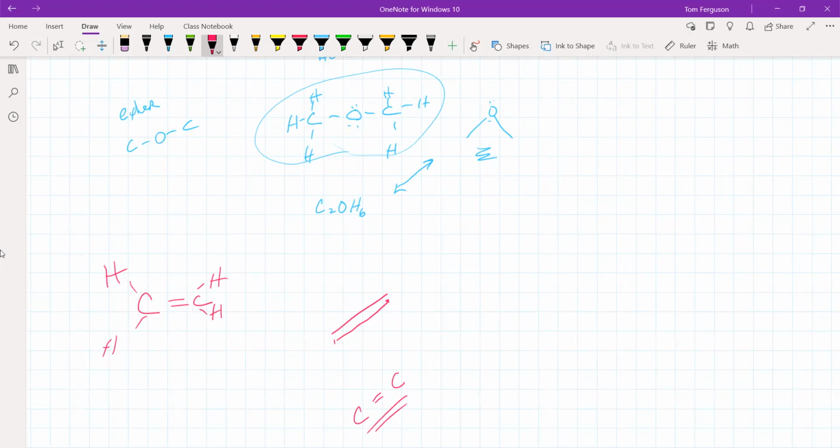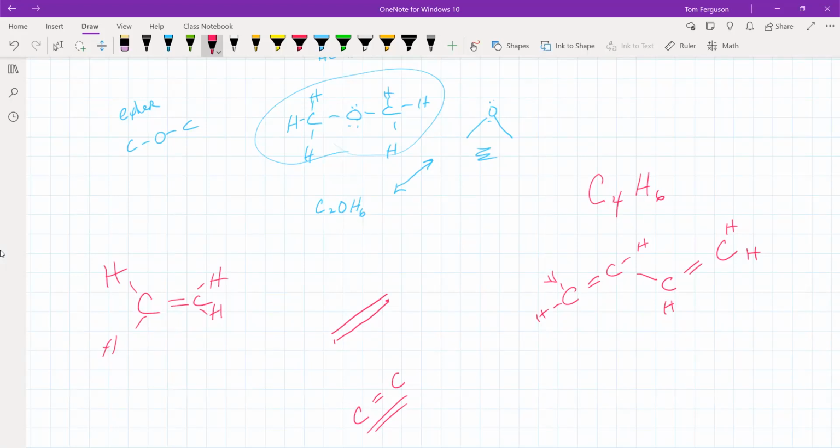Okay, if we had, so that would be C4. We have 2, 4, 6 hydrogens.